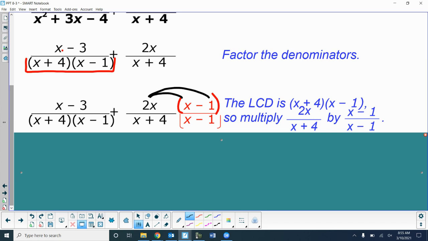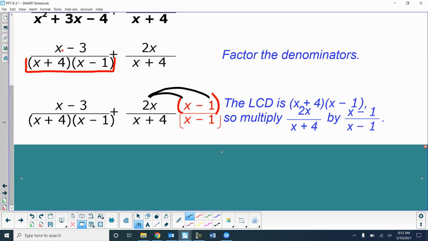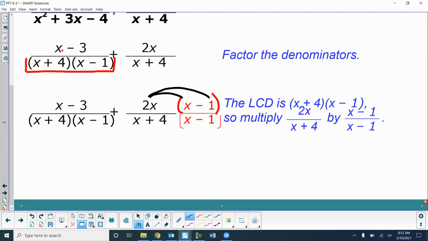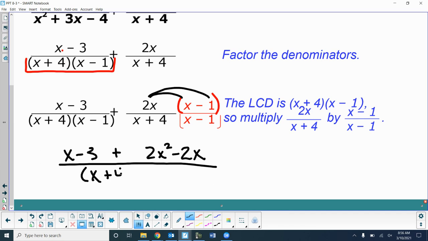Questions on the procedure? We're doing it on the next page. All right, so this is going to be 2x squared minus 2x. This side's x minus 3, all over the common denominator, which does not change now. So that's what we're doing right now. That's on this next slide. You with me? Questions?